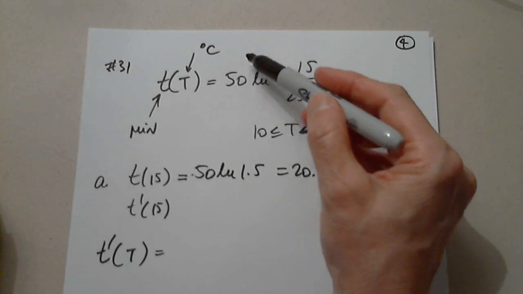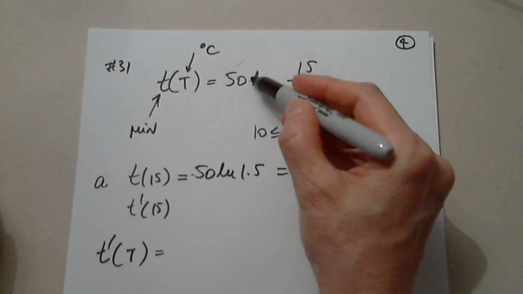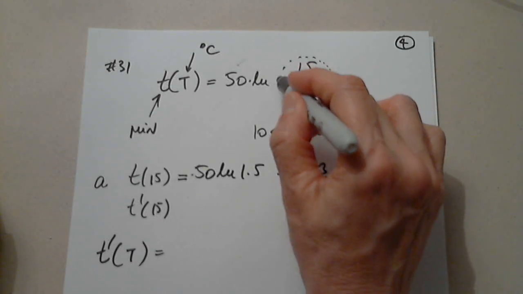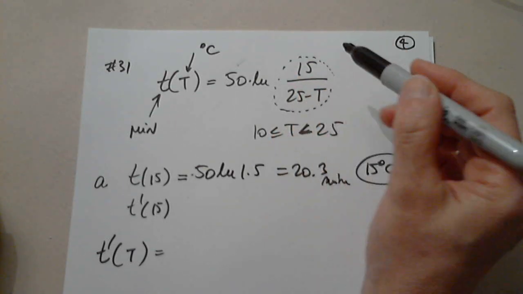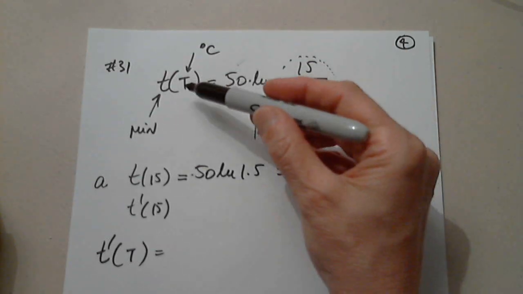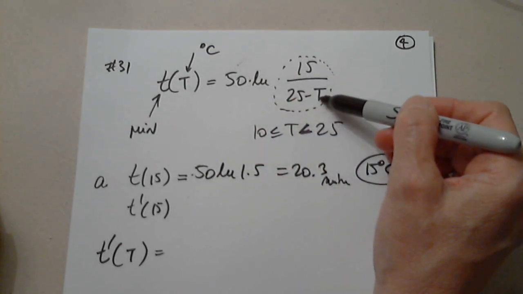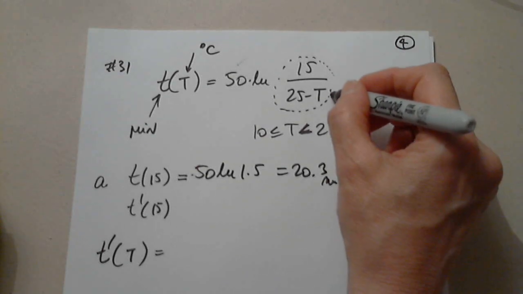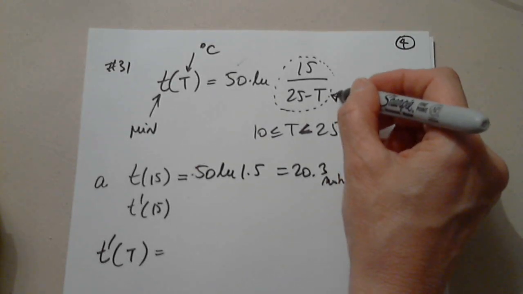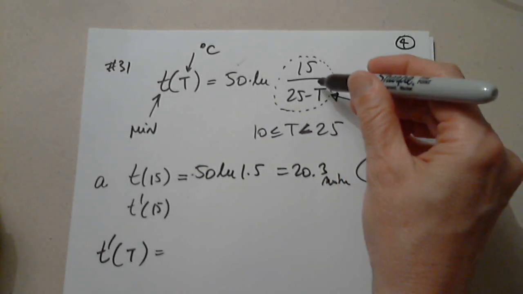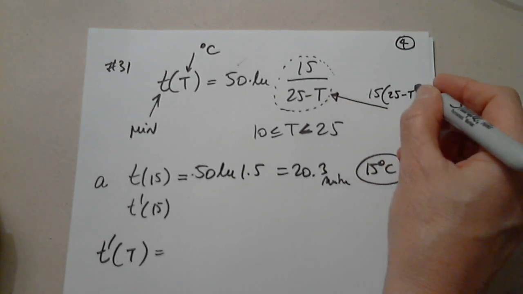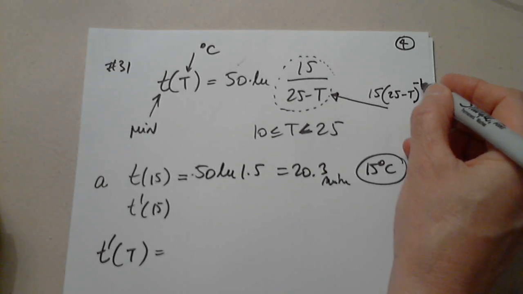I look at this function. This is a constant in front as a factor, no problem. But when I look at this, I realize that the numerator does not have the variable. Because the numerator does not have the variable, my preference is to change this into 15 times (25 minus t) to the power negative 1.